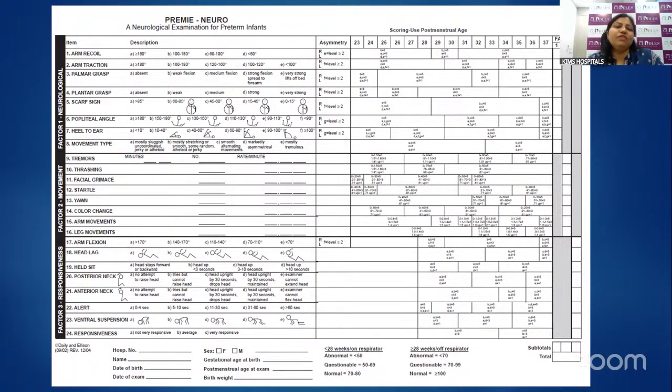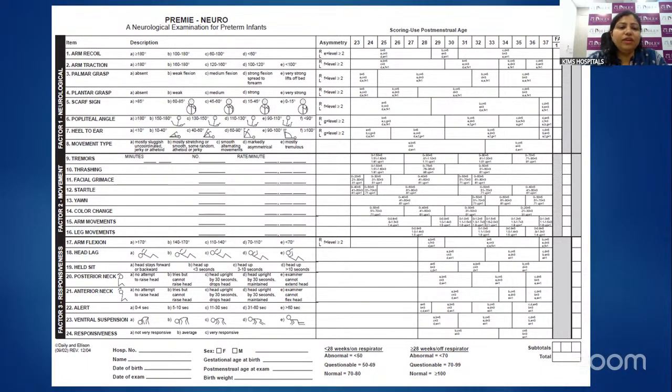The only thing is you need to find out the rates. For example, while you are doing the arm recoil, and if you have observed some leg movement, then you have to jot it down. Basically you have to remember that, okay, I saw certain things 4 or 5 times in the whole assessment.